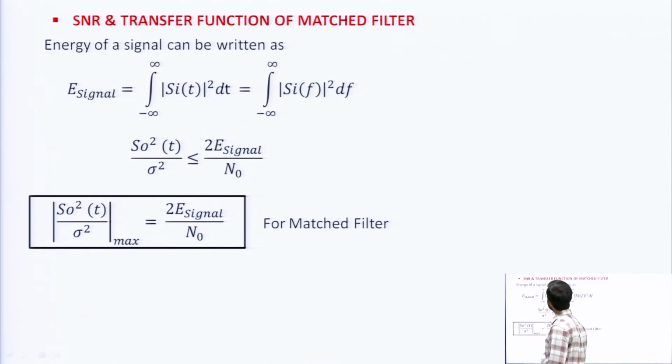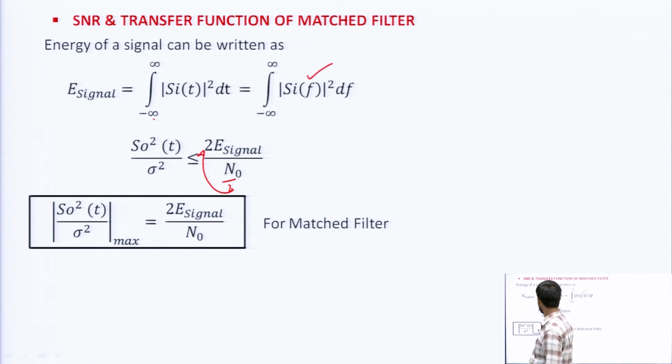Now we can find the energy of the signal. The energy of the signal is the integration from minus infinity to infinity of psi of t squared dt. I can also write this integration in the frequency domain as the magnitude squared of psi of f df. So s naught square of t divided by sigma square is bounded by 2 times the energy of the signal divided by n naught.